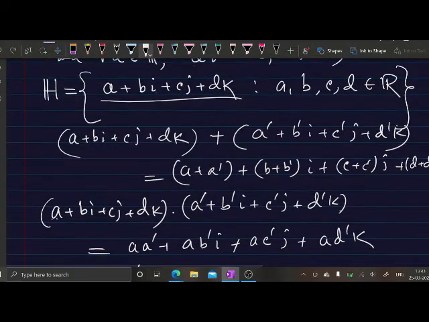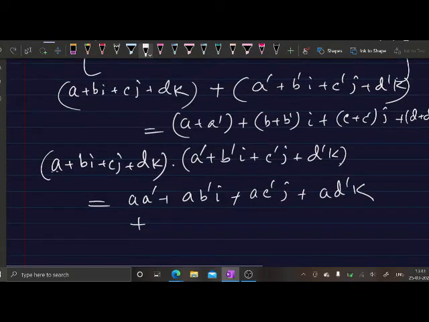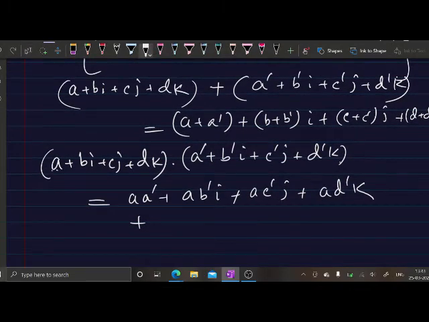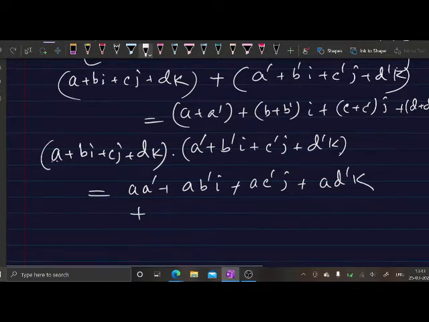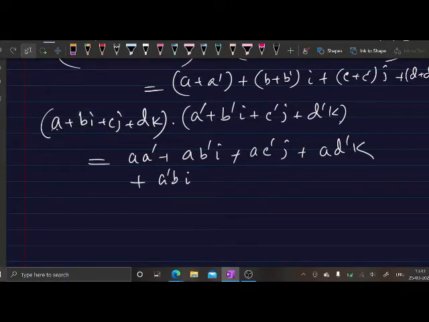Now you have already assumed that for any real number, ai equals ia, right? So you can use this one. So that means bi a dashed will be a dash b i, right? A dash bi.